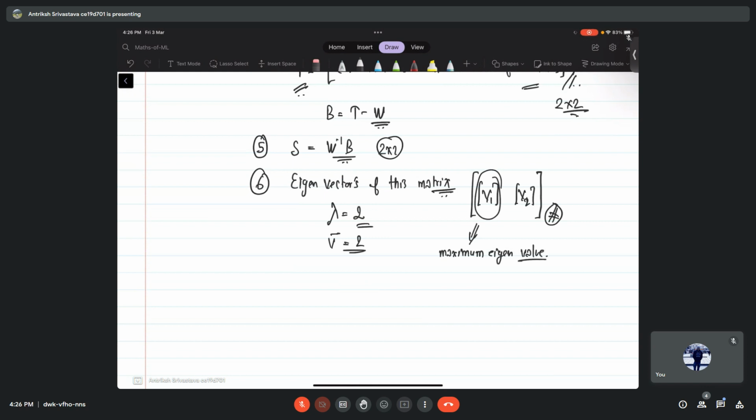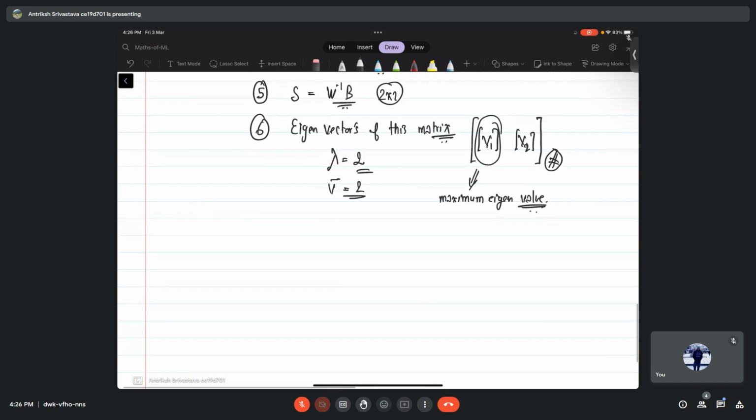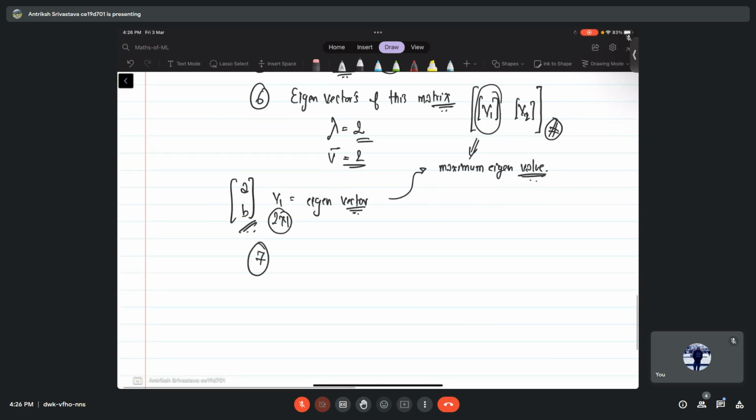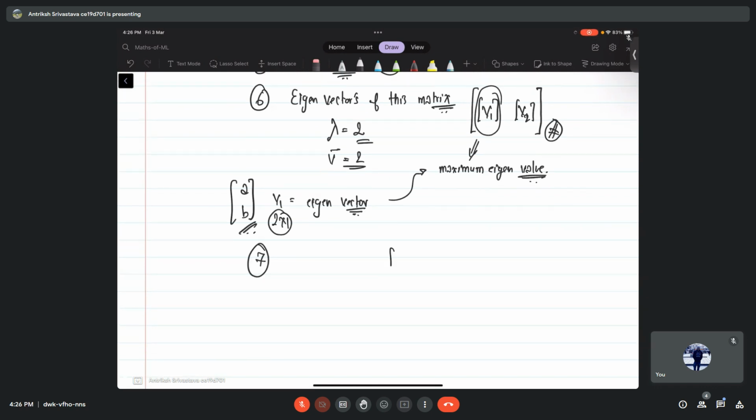So let's say we have v1 as an eigenvector we have chosen because it had the maximum eigenvalue. It will be a 2 cross 1, meaning it will have an entry of A and B in a column. Now we use that to transform our data. So we had x1 and x2 in columns.